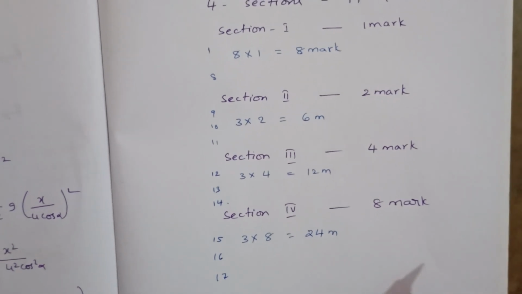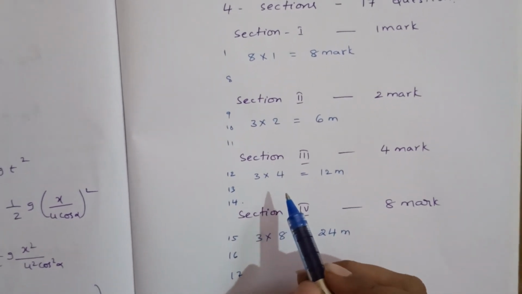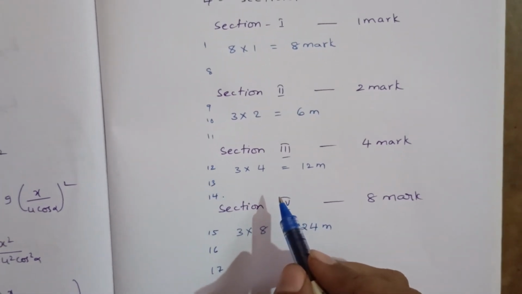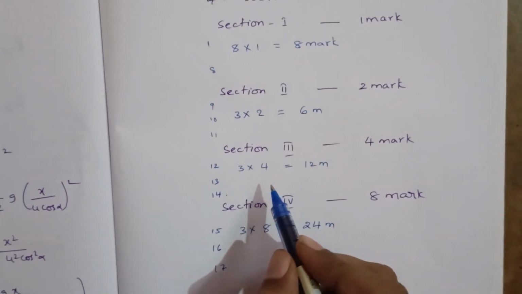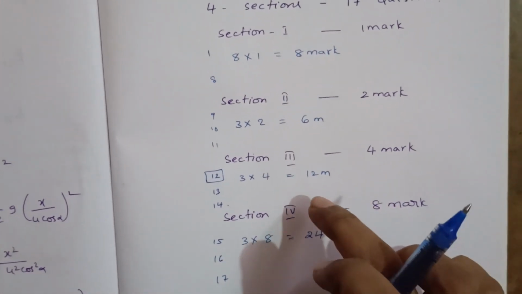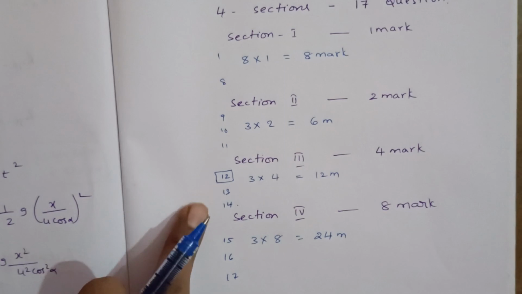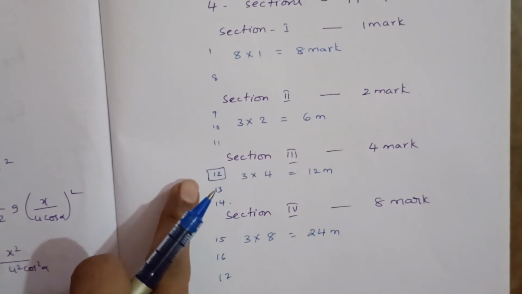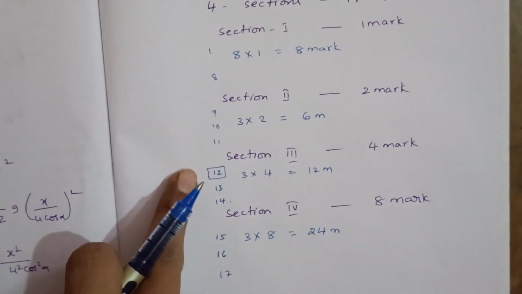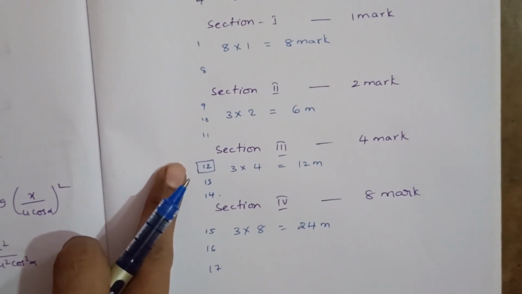Now why I am saying this: they have given in the instructions that internal choice is available only for the 12th question in section 3. For the other questions there is no internal choice, only for the 12th question in section 3. See the instructions clearly.